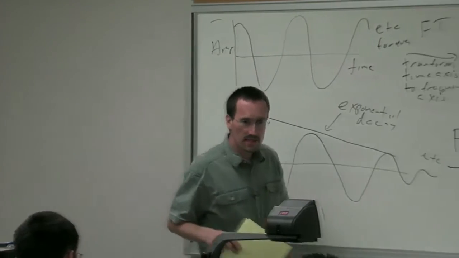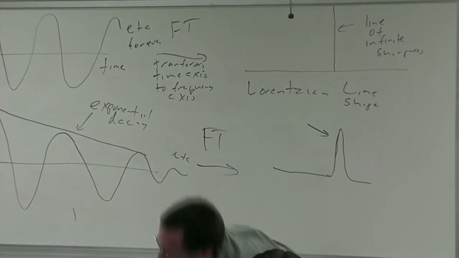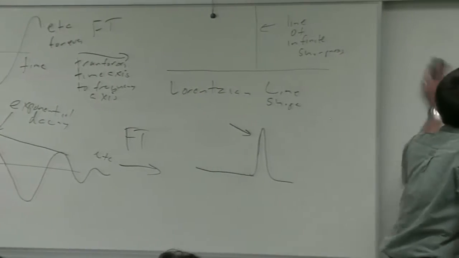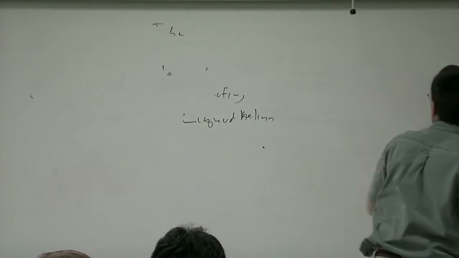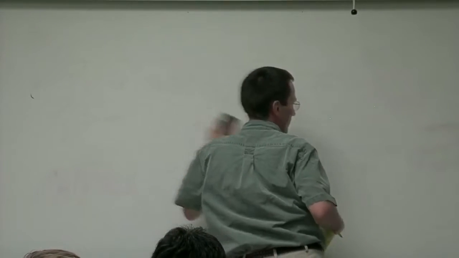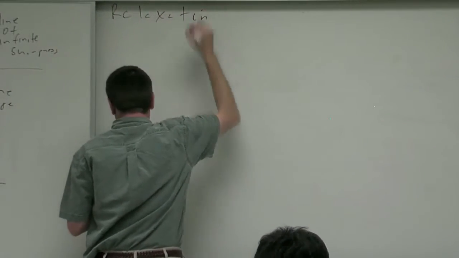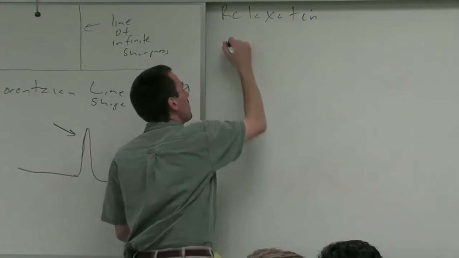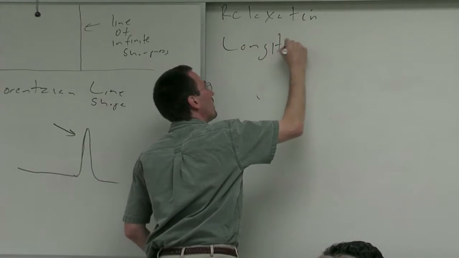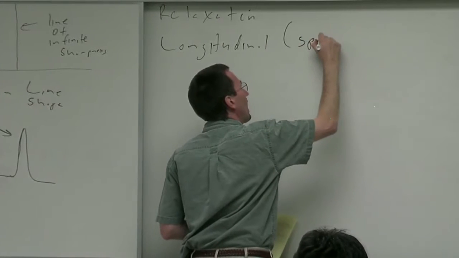The reason this doesn't go on forever is what's called relaxation. So there are two types of relaxation. There's longitudinal relaxation, sometimes called spin lattice.